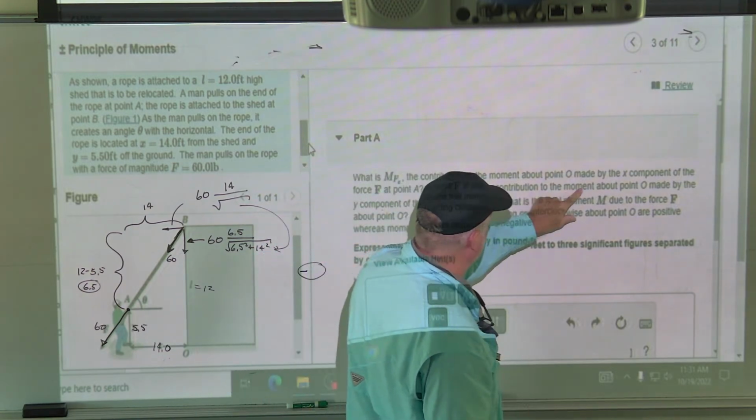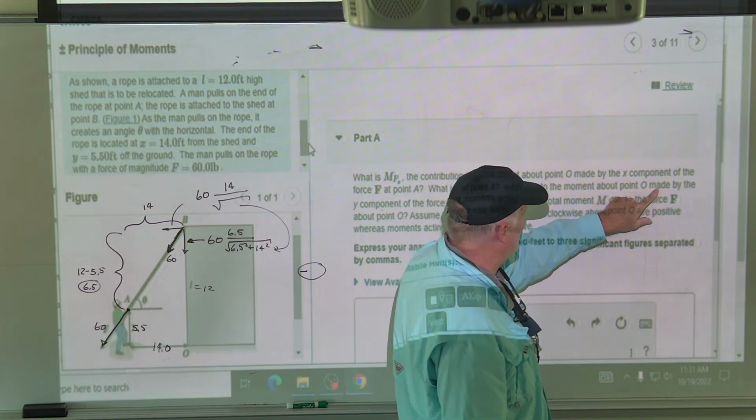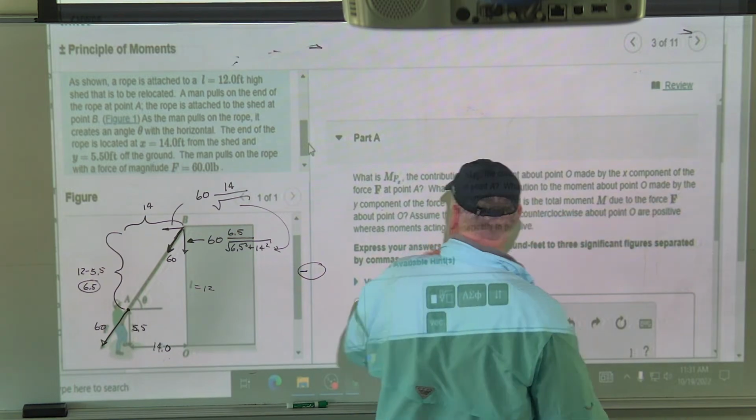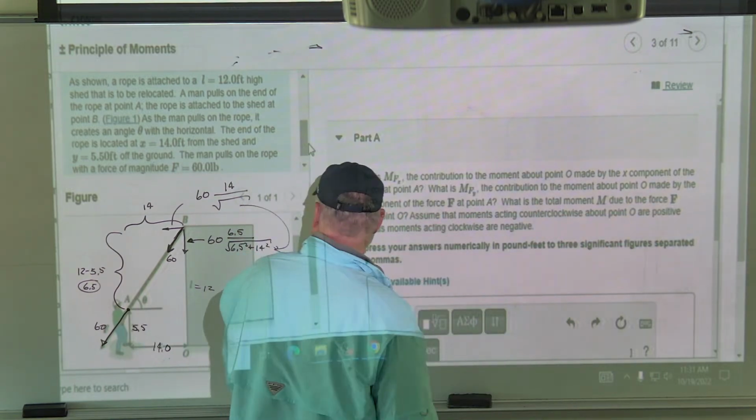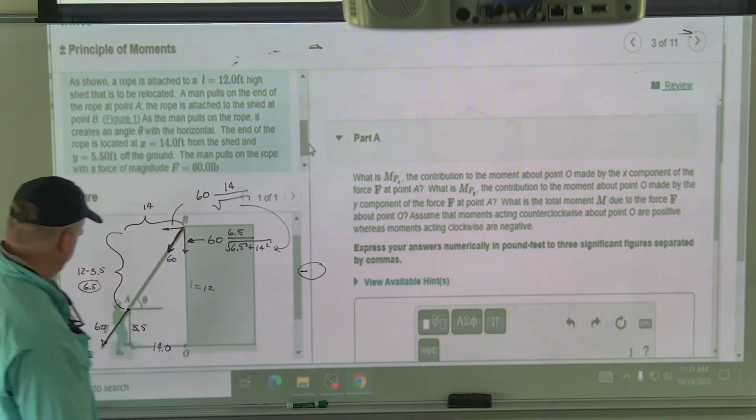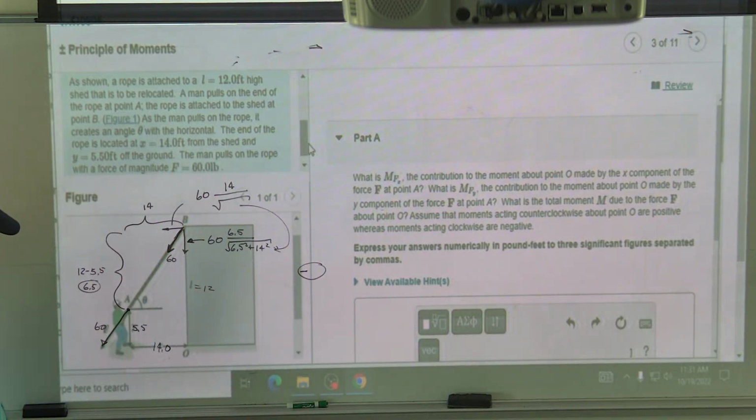The contribution to the moment about point O made by the Y component of the force. Now, interesting. It's really strange. Oh, did he give us an angle? Oh, it creates an angle. Of course, it always creates an angle.